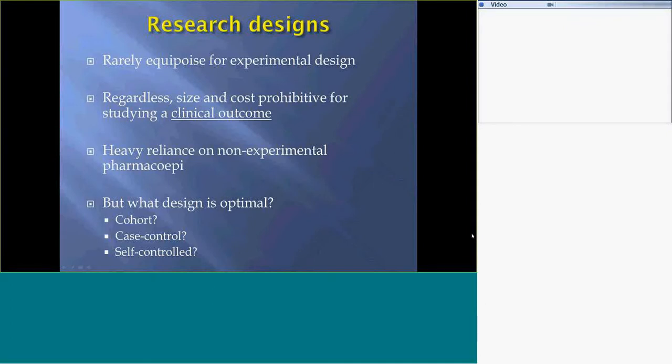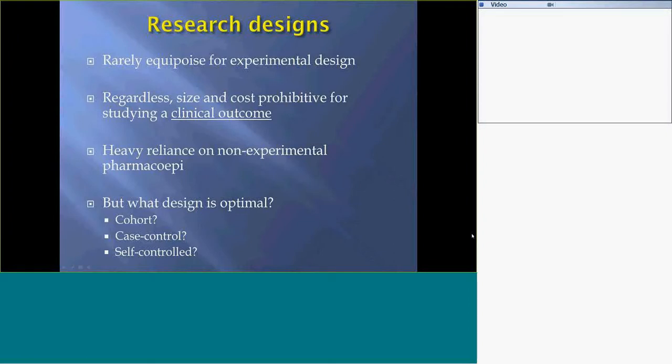So first, with research designs. Unfortunately, there's rarely clinical equipoise for experimental design, and by experimental design, I mean the conduct of a randomized controlled trial. Usually we have some sort of mechanistic basis for why we think two drugs might interact.